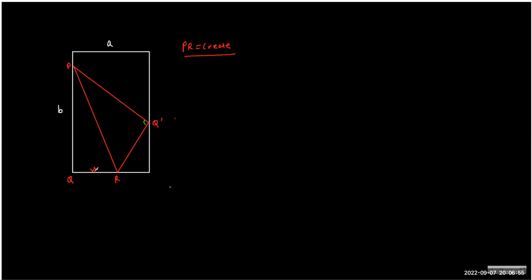So P is not the edge, P is a point on the edge somewhere. Do you realize the question? You just take a page and you can solve. We have to make a crease such that one of the corners is touching the other edge. As you can see, the Q is touching the Q dash.